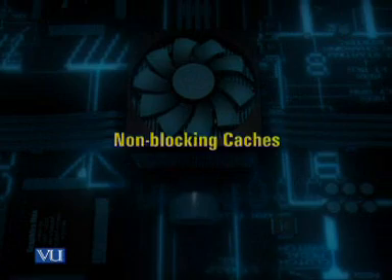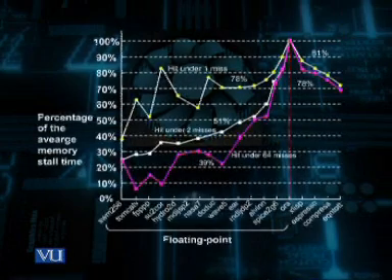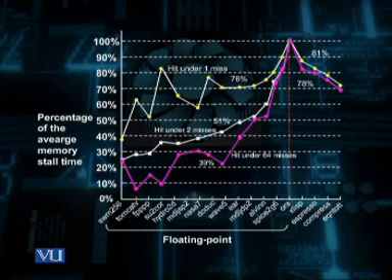Now let us see how the average memory stall time is affected when we are using non-blocking caches for handling hit under miss and miss under miss, that is, hit under multiple misses.